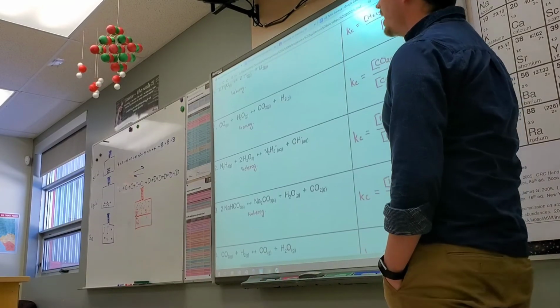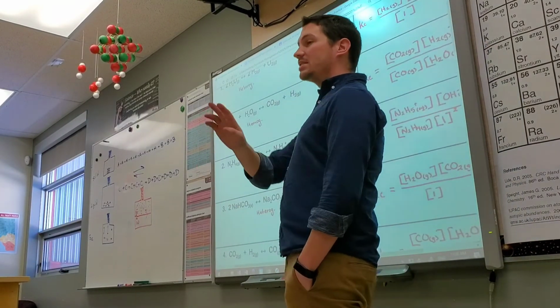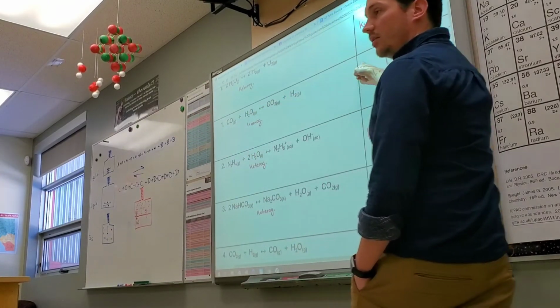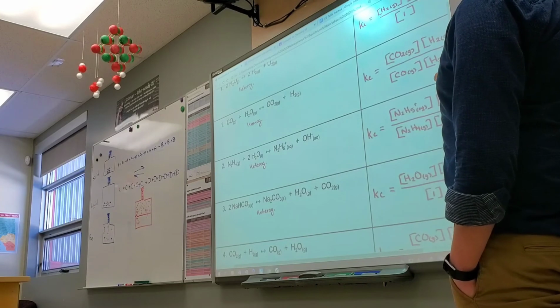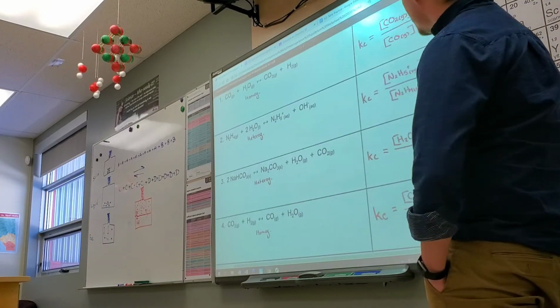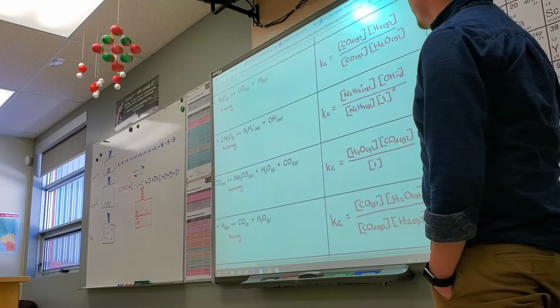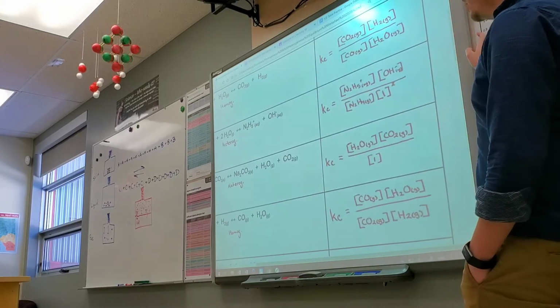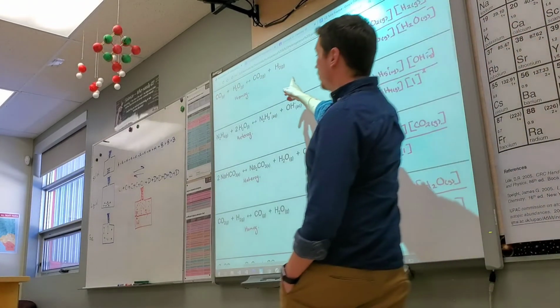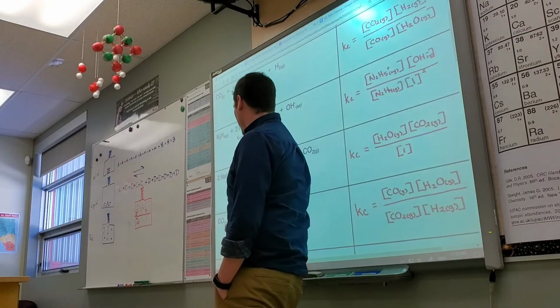Awesome. Okay, can I get everybody to focus on the second number 1. Look at the second number 1, and also, at the exact same time, look at number 4. What do you notice about those two reactions?